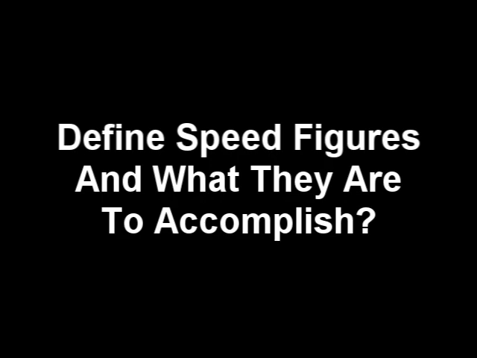Andy, define the speed figures and what their goal is to accomplish. To me, the purpose of them is very simple. It's to show who ran faster than whom in the horse's previous starts. When you pick up the racing form and one horse ran 7 furlongs in 1:24 at Aqueduct, and another horse ran 6 furlongs in 1:10 and 4/5 at Belmont, and you're trying to compare the two, it's practically impossible to do.